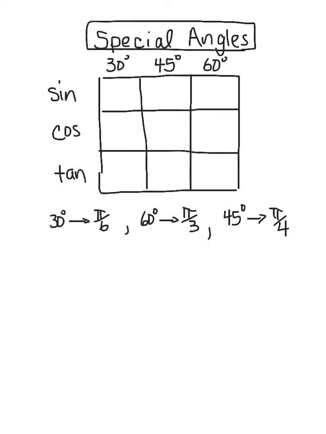All right, so we're going to basically assign values for these trig functions. So for example, the sine of 30, we're going to have a value here, and that would be what the sine of 30 is equivalent to. If I wanted like the cosine of 45, I would just look here at 45, I would look here at cosine, follow it out, and the value for the cosine of 45 will be here, and so on.